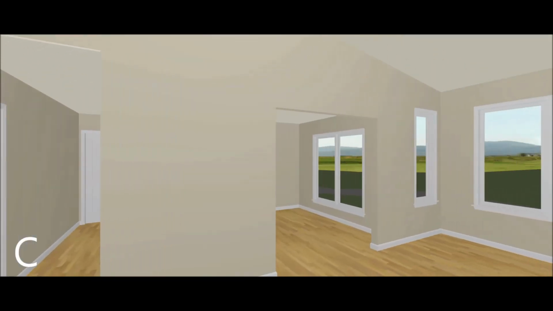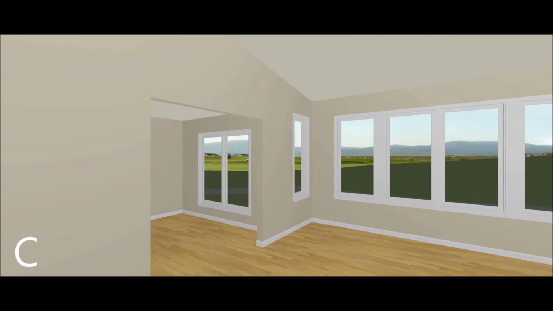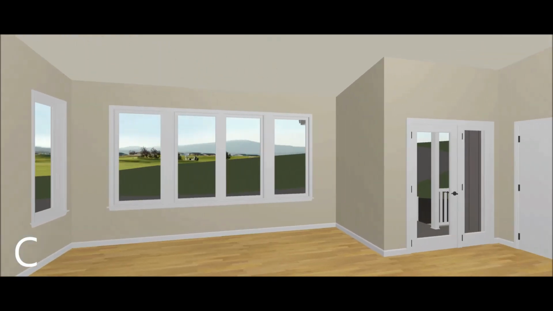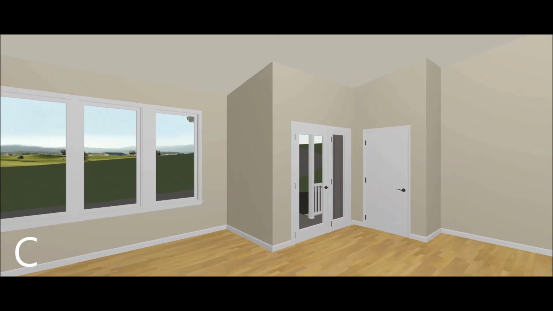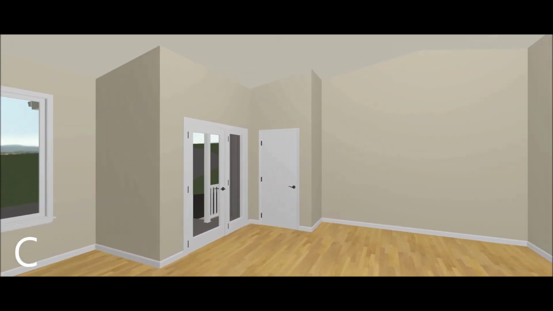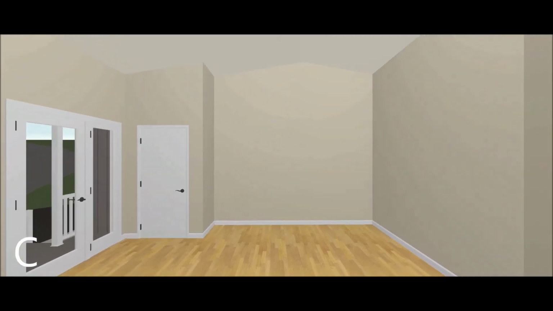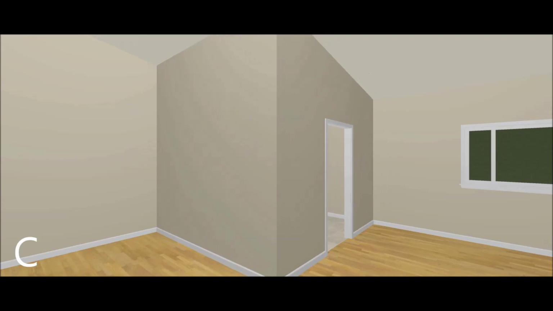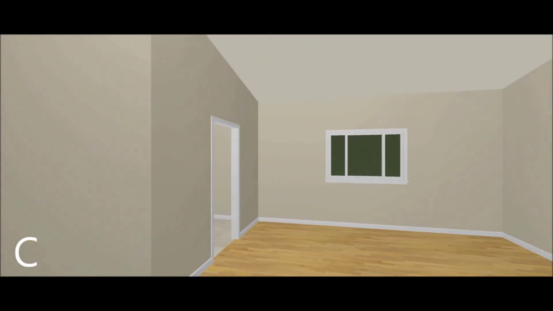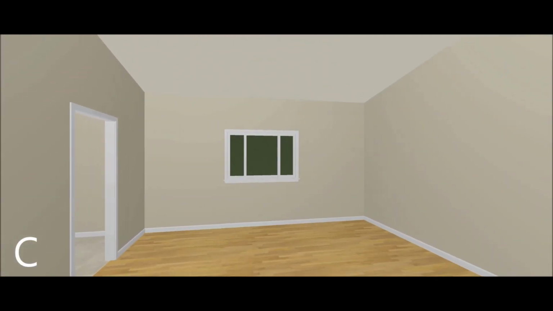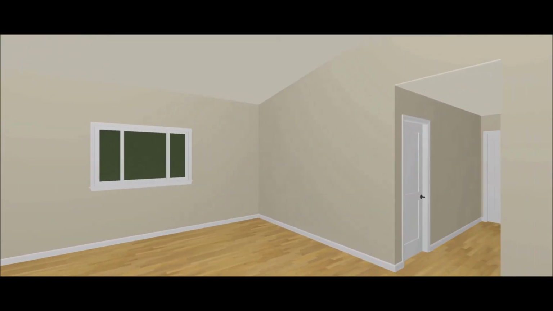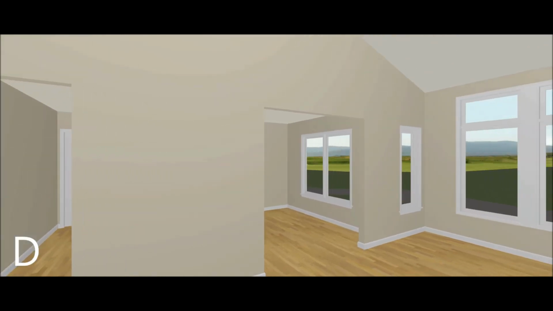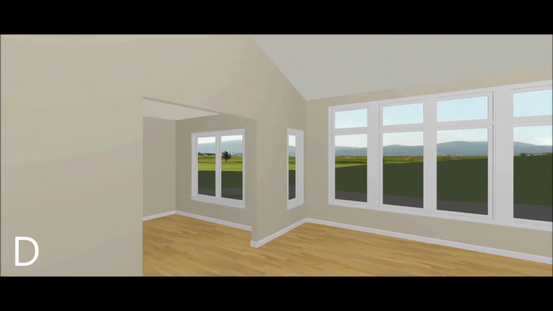C is the scissor truss vaulted ceiling. And finally, D is this stick-framed vaulted ceiling.